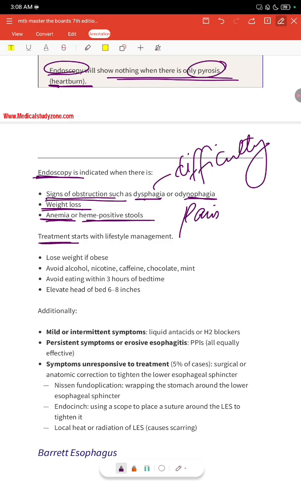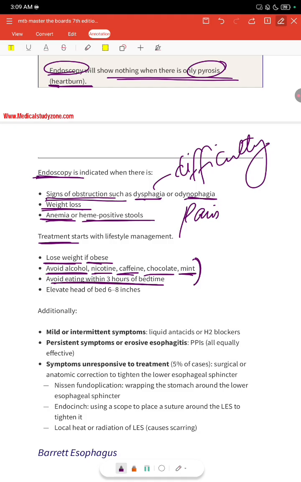Treatment starts with lifestyle management. So lose weight if obese. Avoid alcohol, nicotine, caffeine, chocolate, mint, because these are the things that aggravate the GERD symptoms. Avoid eating within 3 hours of bedtime.